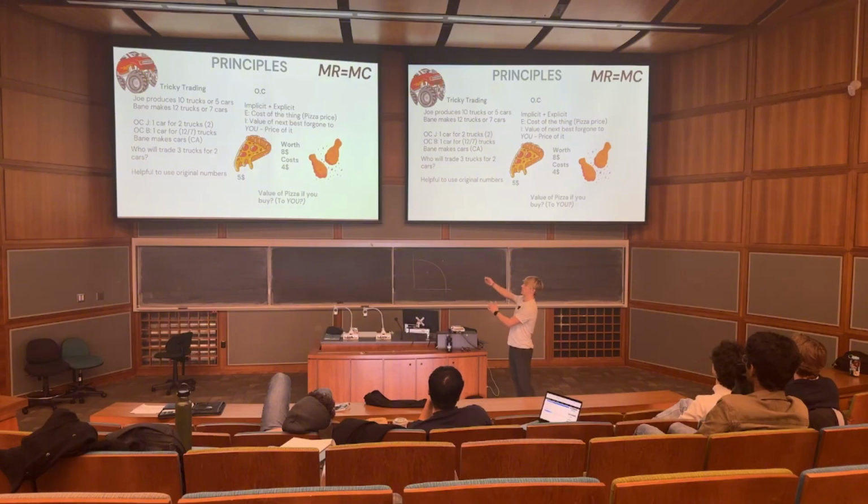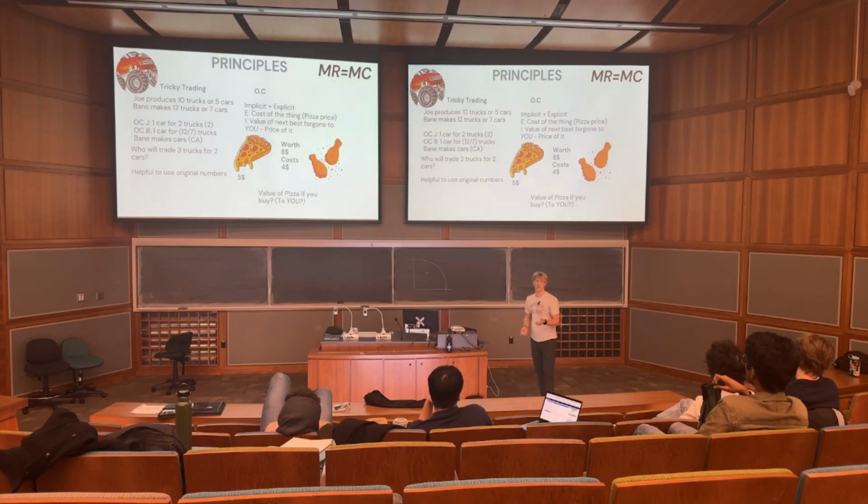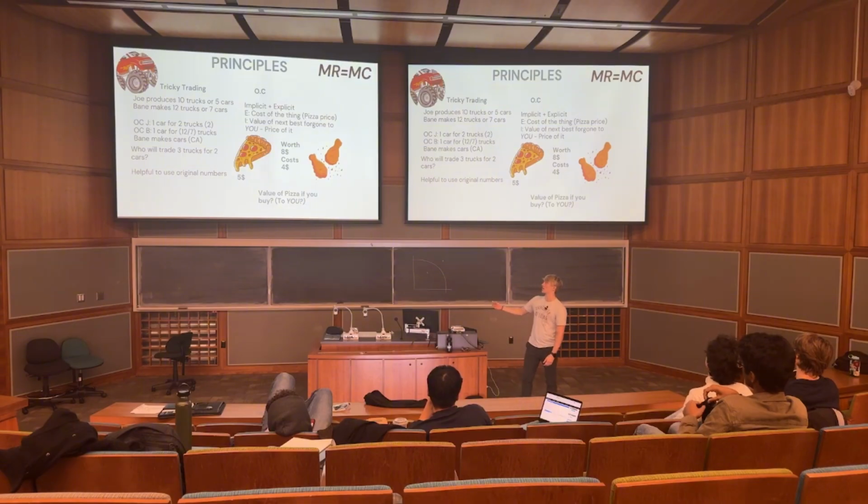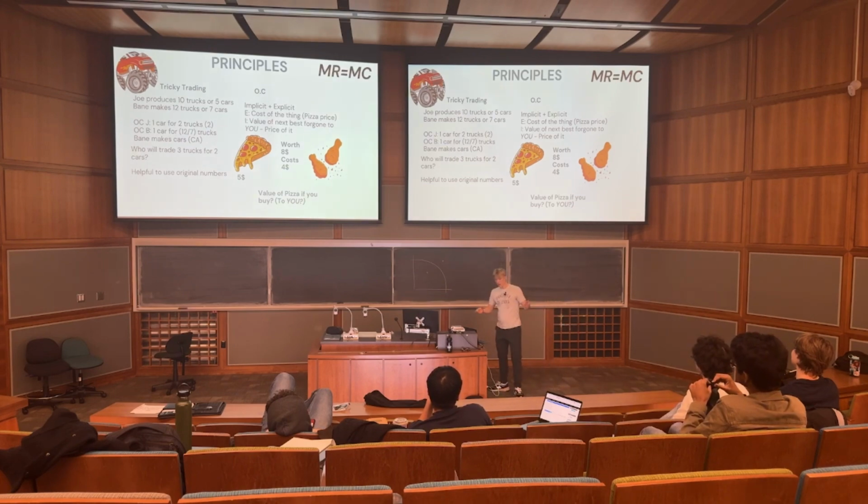Fractions are pretty confusing. Now, we can see that Bain would make cars because his opportunity cost, 12 divided by 7, is lower than 2, right? So therefore, in a trade, who would make trucks? Joe, exactly.